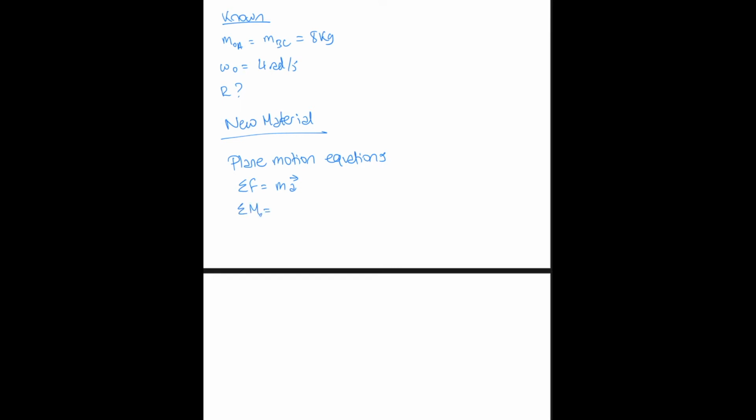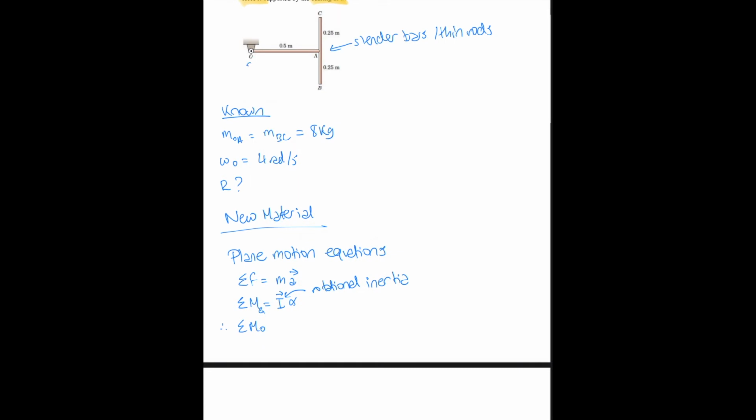The sum of moments is going to be equal to the rotational inertia multiplied by the angular acceleration. Therefore, we know that the sum of moments at O, here in the bearing, is going to be equal to rotational inertia at O multiplied by the angular acceleration.